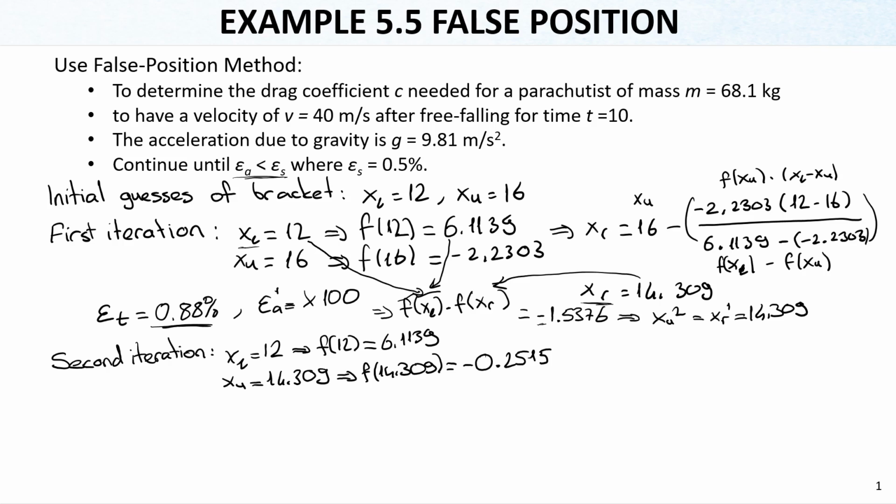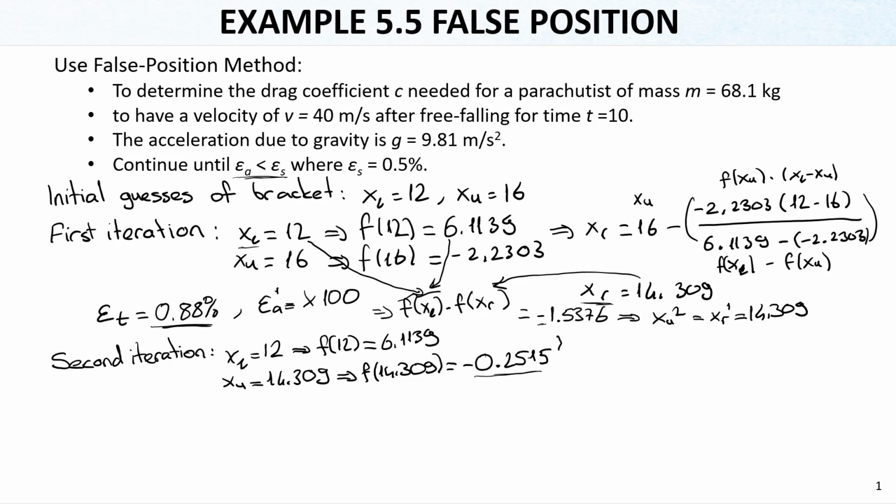As you can see, the upper bound is getting closer to the zero value. This is very close, so this time the root will probably be closer to the upper bound, because the function value determines whether the root is on the lower bound side or the upper bound side. Here it's on the upper bound side, it seems.